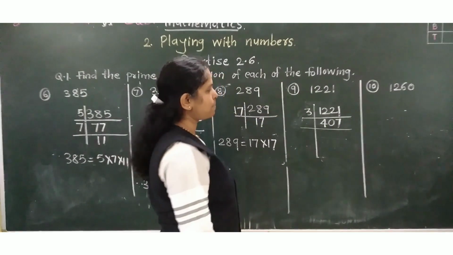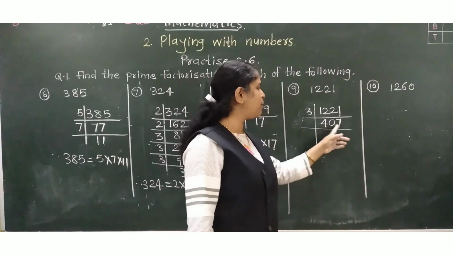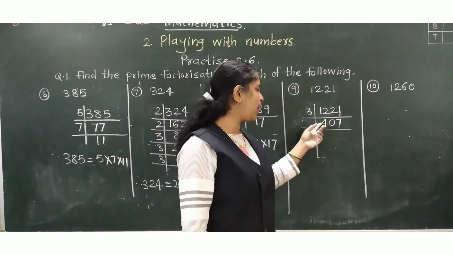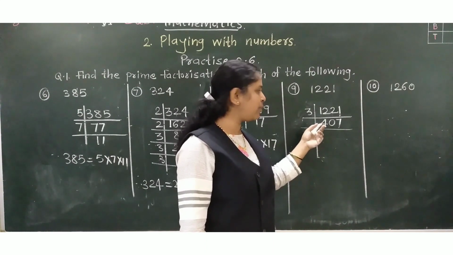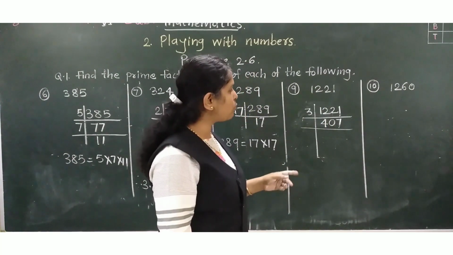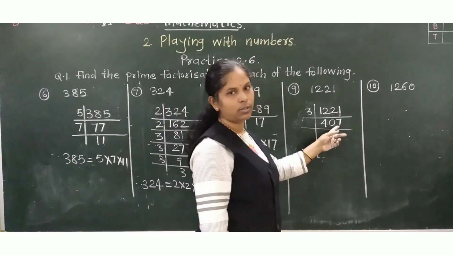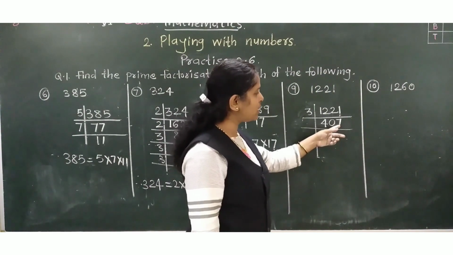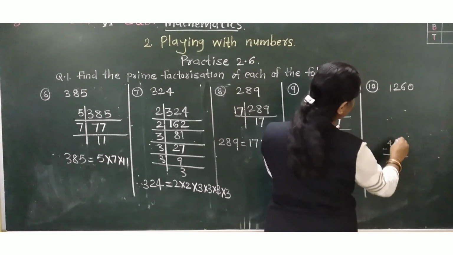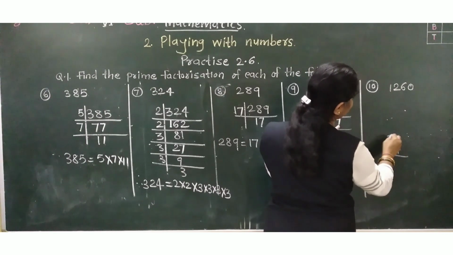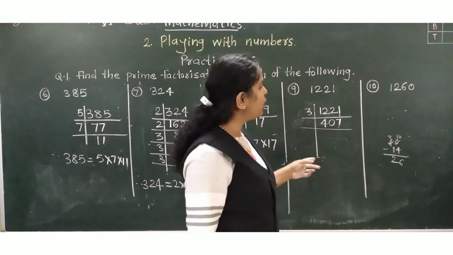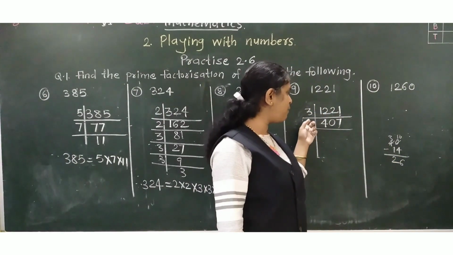Then, can we divide it by 3? 7 plus 4, 11, no. By 5, no. Then by 7, can we divide it? For 7, what do we have to do? We have to double the last digit, that is 7 plus 7, 14. And 40 minus 14 is how much? 26. So no.